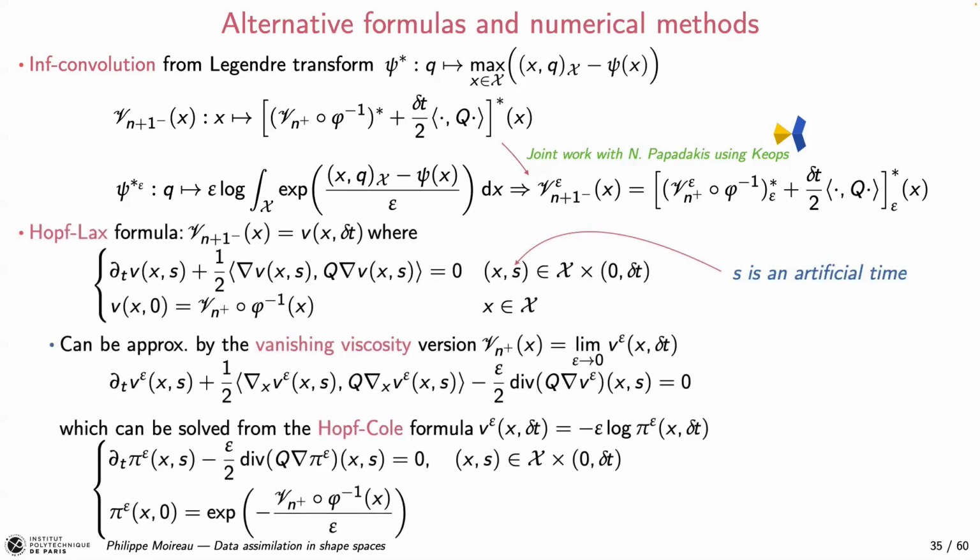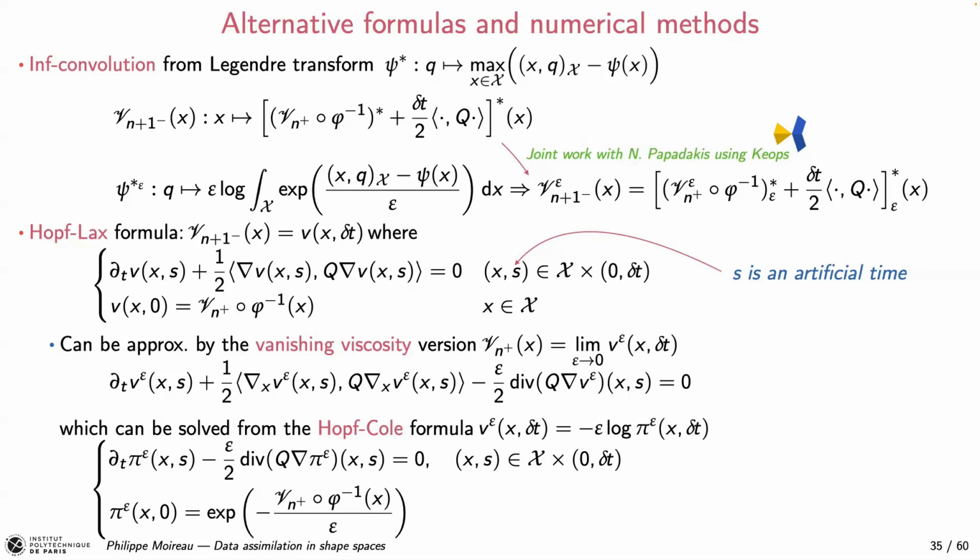Yeah, and then one other possibility is actually to remind that the Hopf-Cole convolution is a solution of an HJB equation, and so you solve this HJB, which is pretty expensive, but you can. As this is pretty singular, what you can do is some kind of vanishing viscosity version of that, and then you solve that like this.